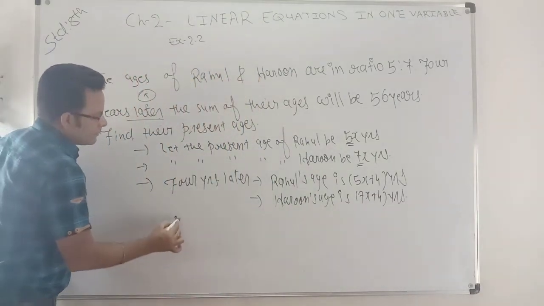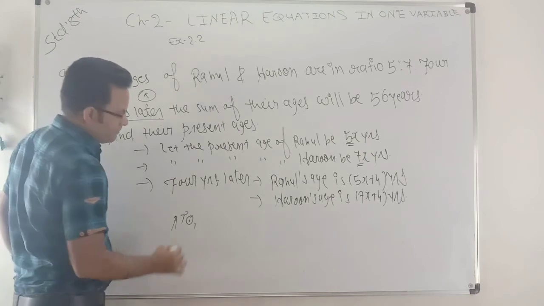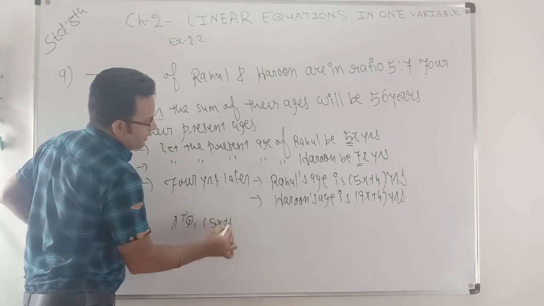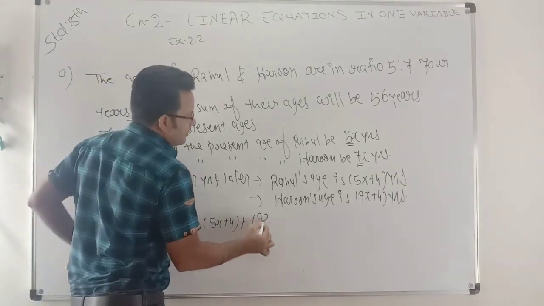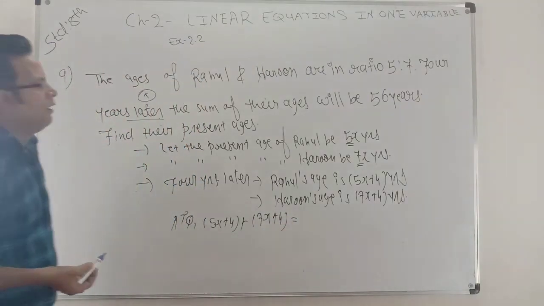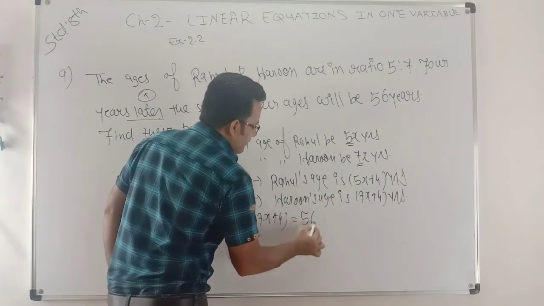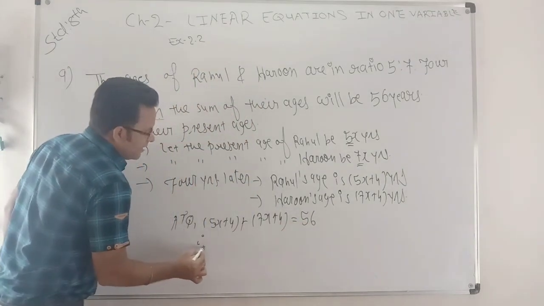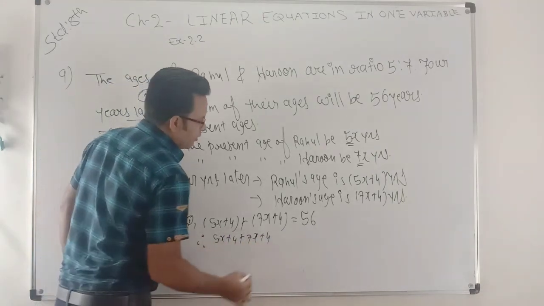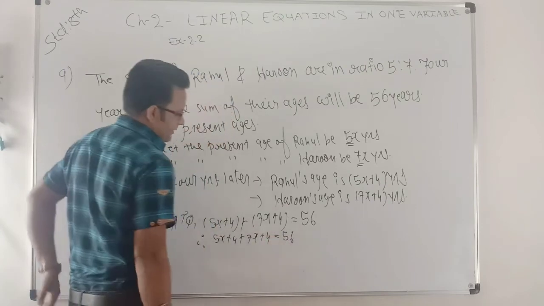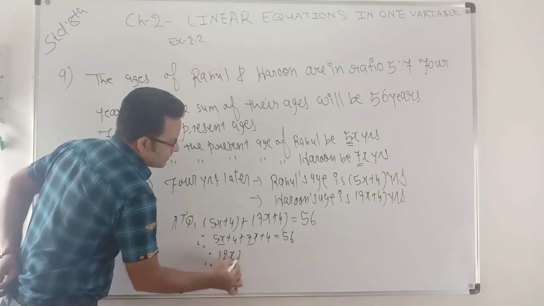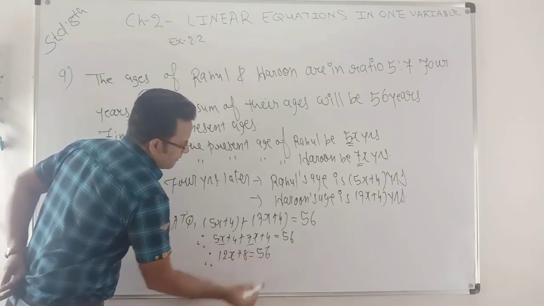Now, according to question, 5x plus 4 plus 7x plus 4 is equal to, now what is given? Sum, that is 56. Therefore, 5x open the bracket plus 4 plus 7x plus 4 is equal to 56. 5x plus 7x, 12x plus 8 is equal to 56.